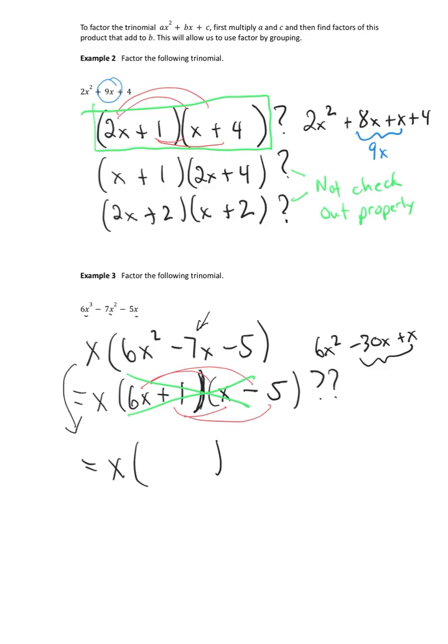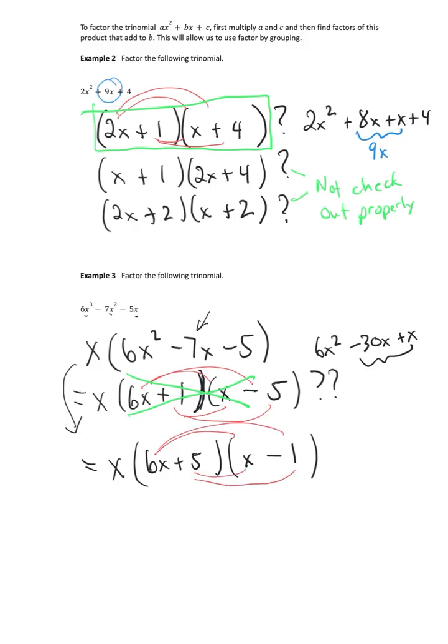So let's go back to the drawing board. Let's try a different combination. That seemed really pretty far off with that 6 and the 5 getting multiplied. So I think I might try to put the 6x plus the 5 together, and then the x minus 1. I'm going to try that because then I'm not going to be multiplying the 6 by the 5. All right, let's double check.